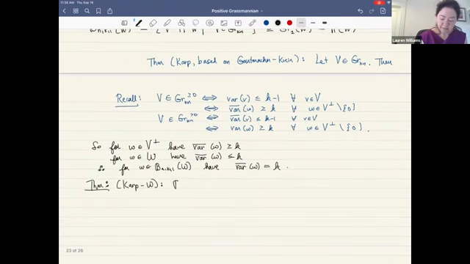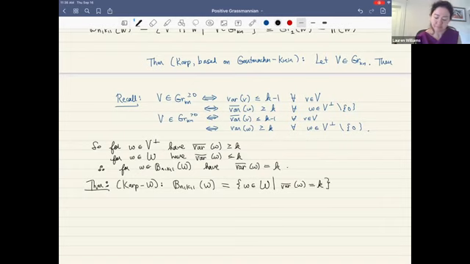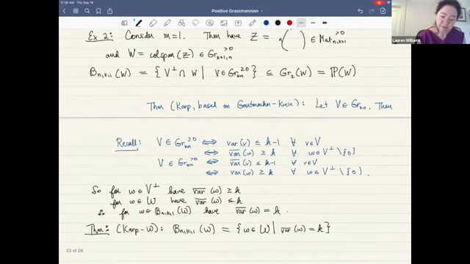And the theorem is that the B amplituhedron, this is for m equals 1, is exactly the set of all vectors in W with var bar equal to k. Okay, so this statement in blue gave us the inclusion, but now I'm asserting that that inclusion is an equality.